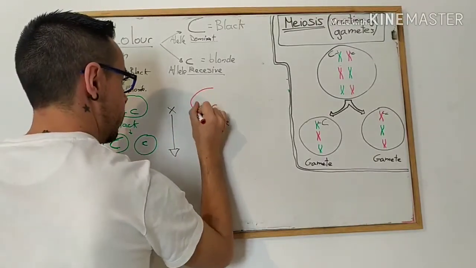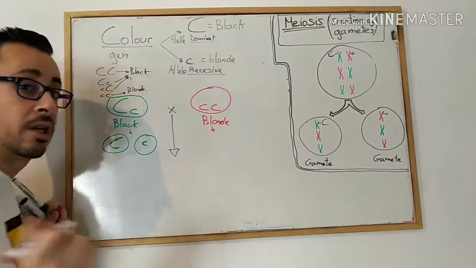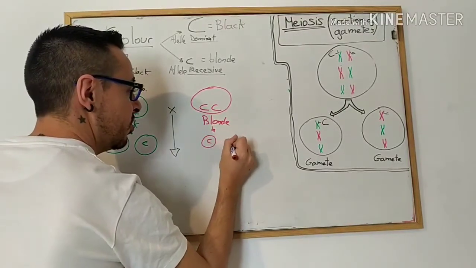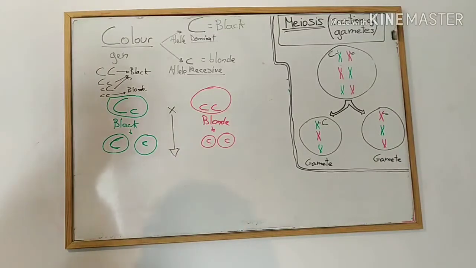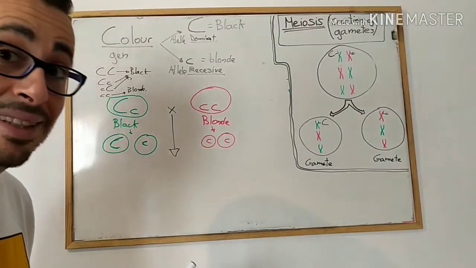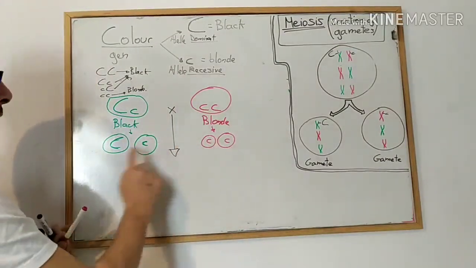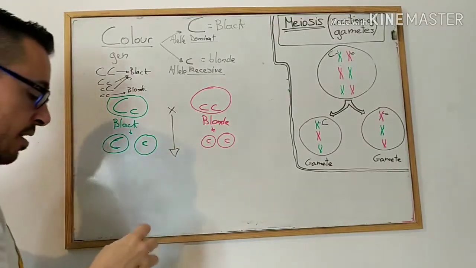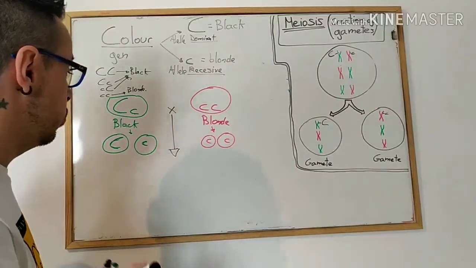The mother, which is blonde, is going to produce gametes, but all gametes are going to be for blonde hair. So now, how could be the children? We have to mix them and take into account all possibilities.